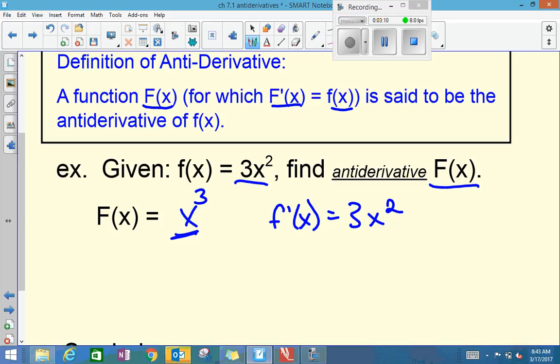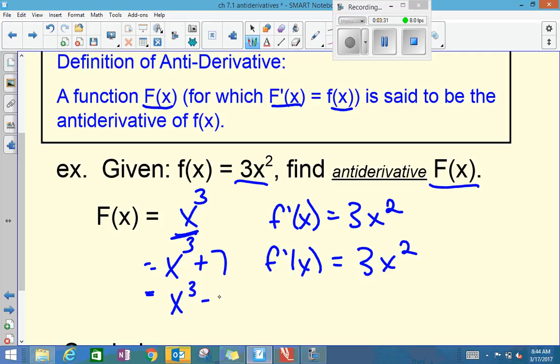Now, when you take it a little bit further, if capital F of x equaled, let's say, x to the third plus 7, then the derivative would also be 3x squared, because the 7 would drop off. Actually, capital F of x could equal x to the third minus 22, and the derivative would still be 3x squared.